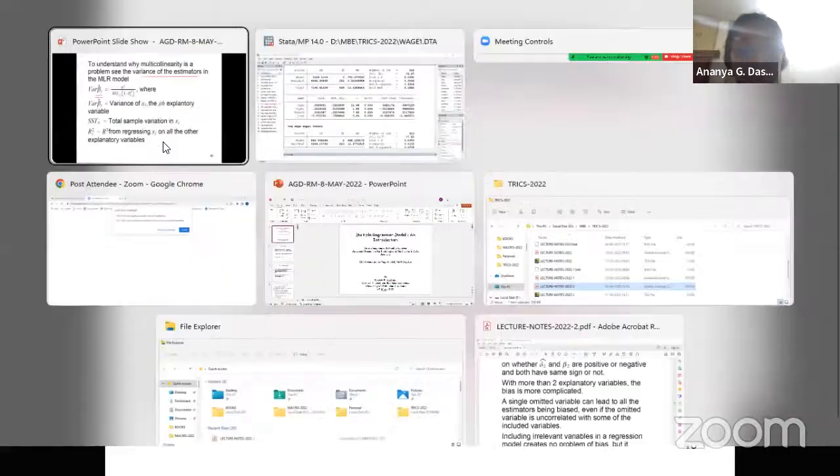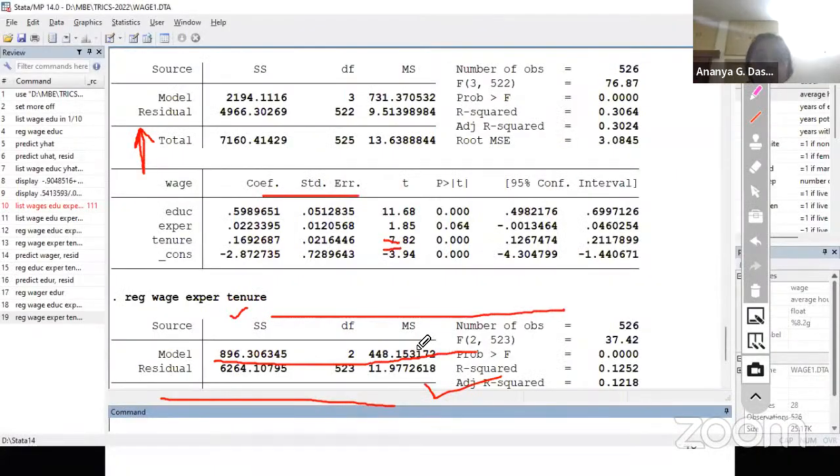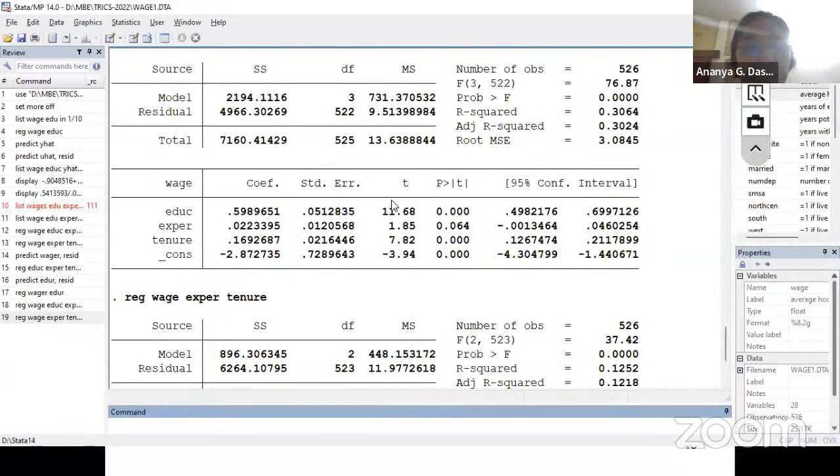Well, look, here is the problem. So remember your T statistic. Your T stat is nothing but the coefficient upon the standard error. So if you are coming out with a very high R squared and therefore very low 1 minus R squared and therefore very high variance, then the standard error will be very high, right?